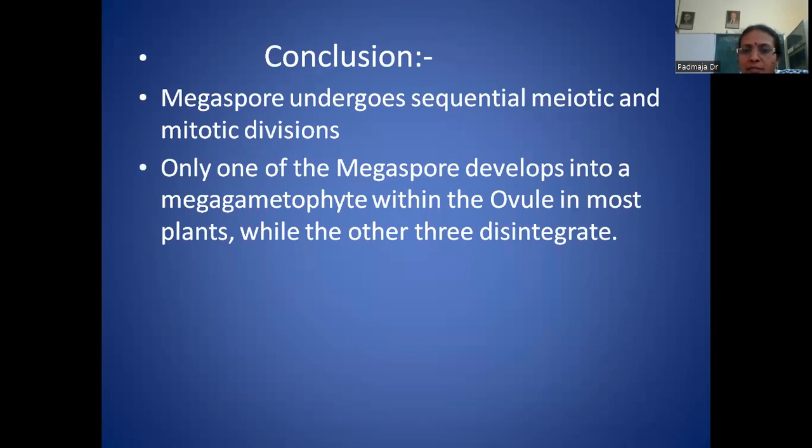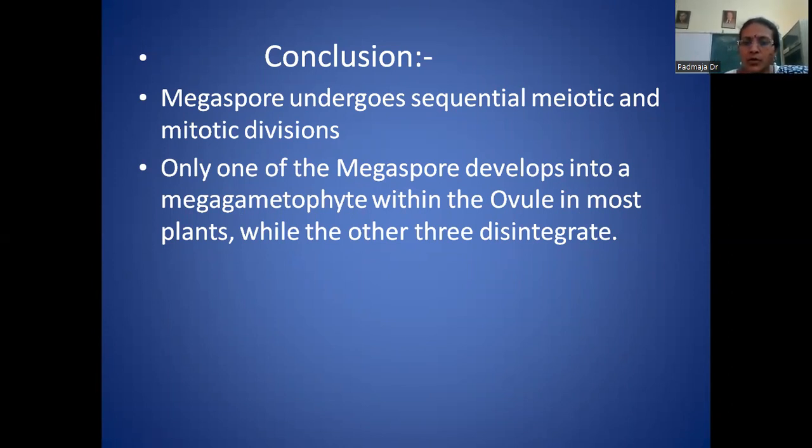So at last, we can come to know that the megaspore mother cell undergoes sequential meiotic and mitotic divisions. Only one of the megaspores develops into the embryo sac within the ovule in most plants, while the other three disintegrate.